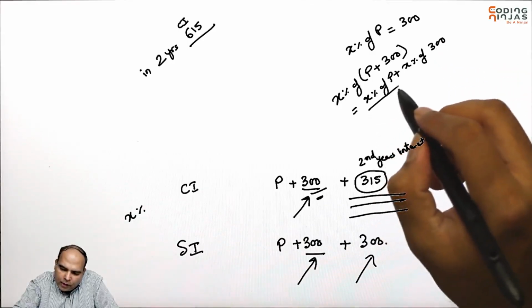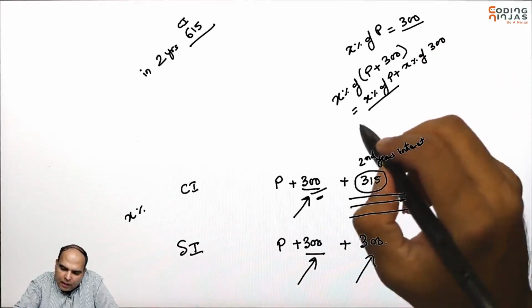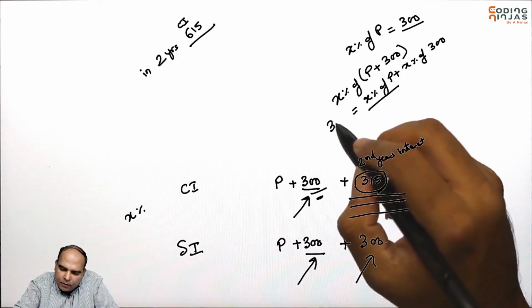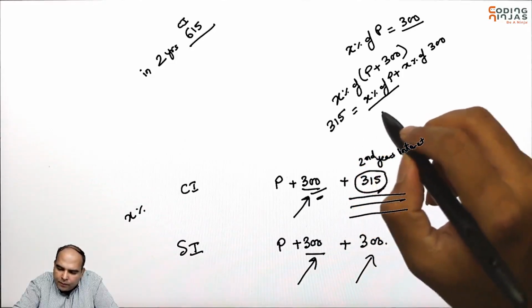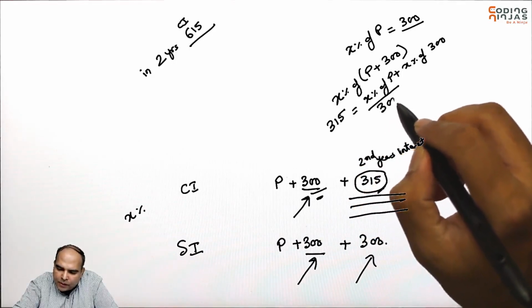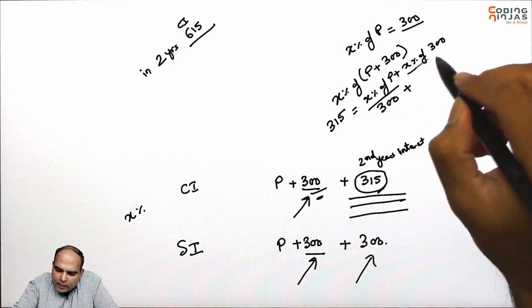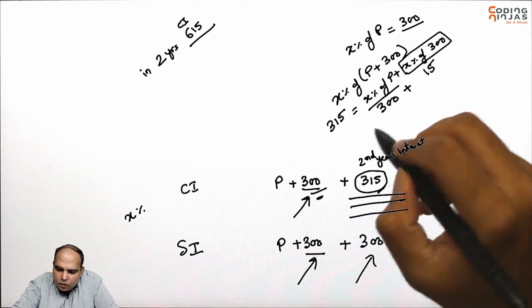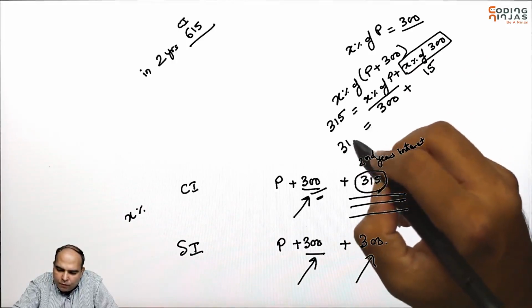Now we already know that X% of P is 300, and because the interest earned in the second year is 315, we can equate this to 315. If I replace the first part of this addition with 300, the second part has to be 15 to give a total of 315.